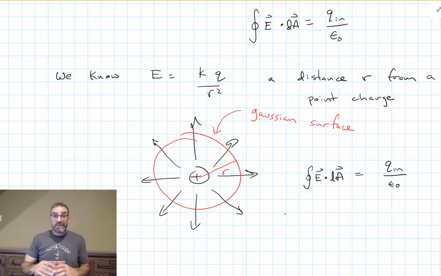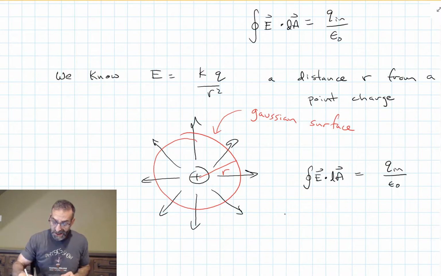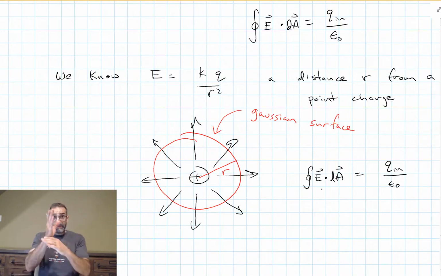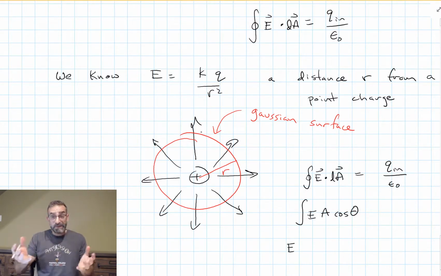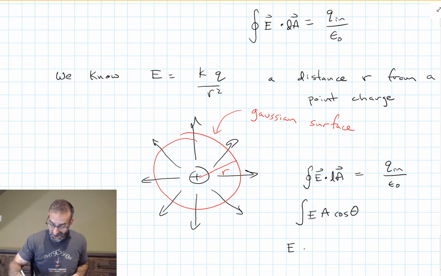The electric field is constant everywhere on that sphere, that's what we just said, and it's normal to the surface. So the dot product is going to be E times A times cosine theta, and the electric field is constant, and the area of that sphere just depends on the r.